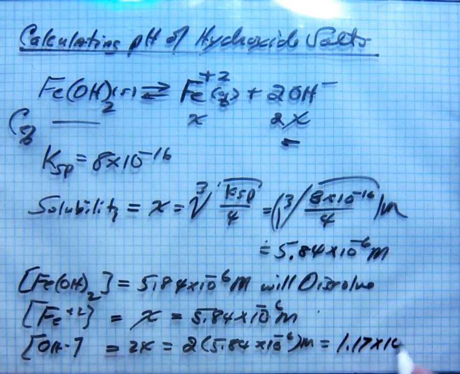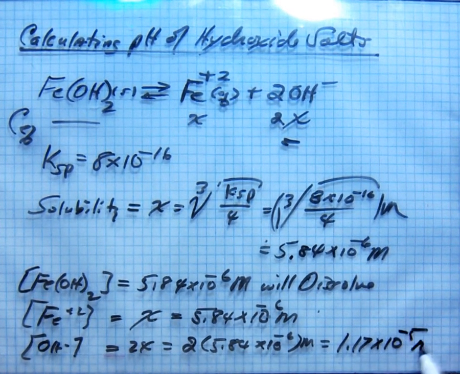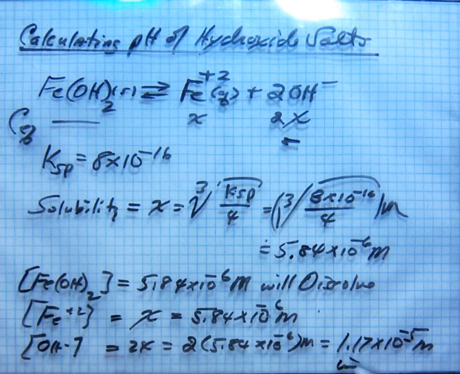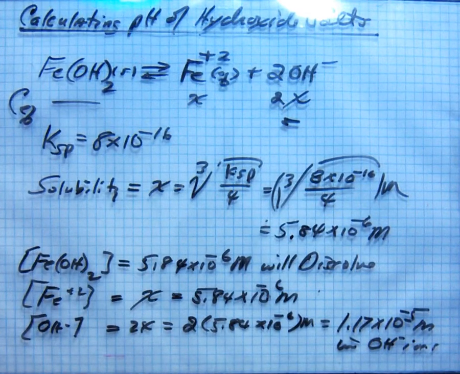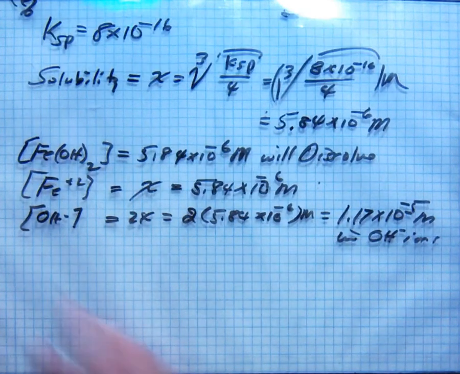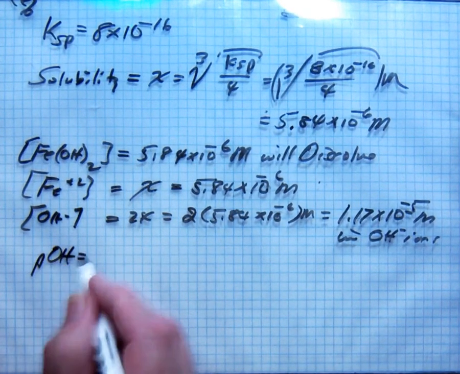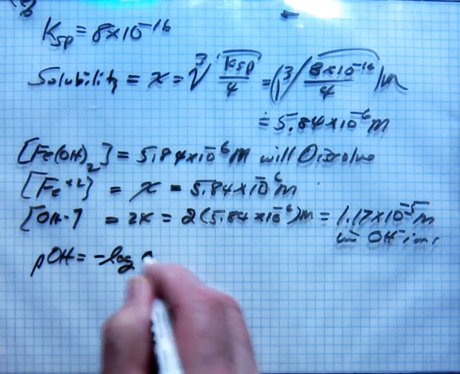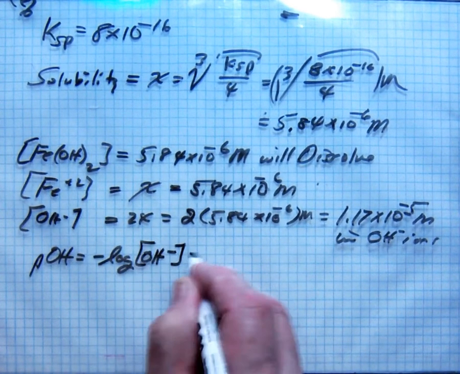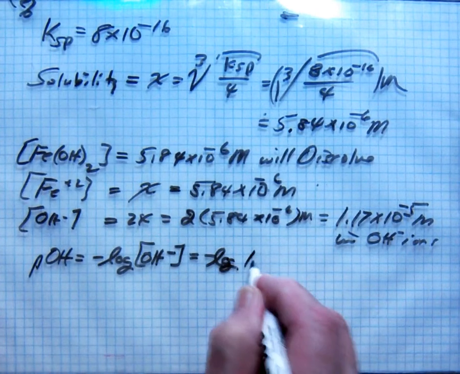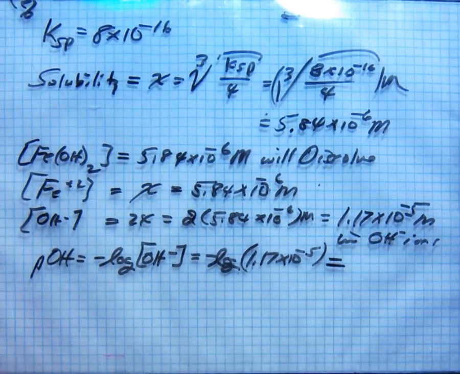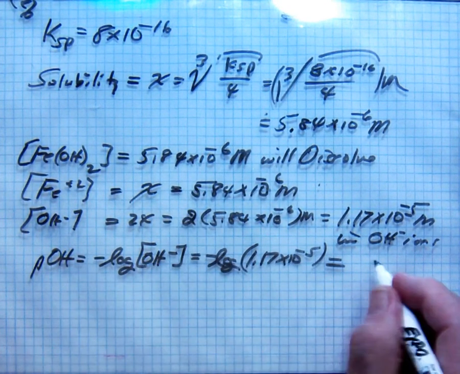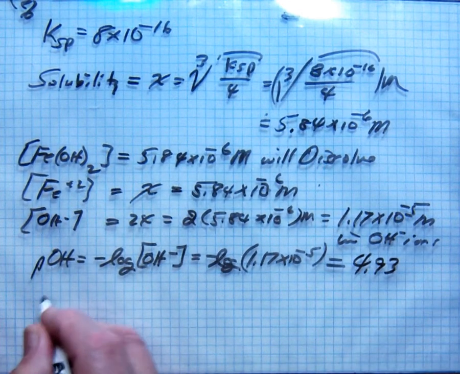That gives 1.17 times 10 to the minus 5 molar in OH ions. We calculate pOH and pH.